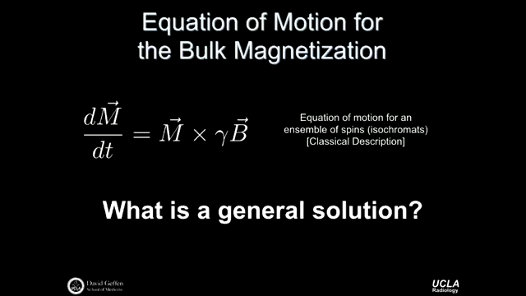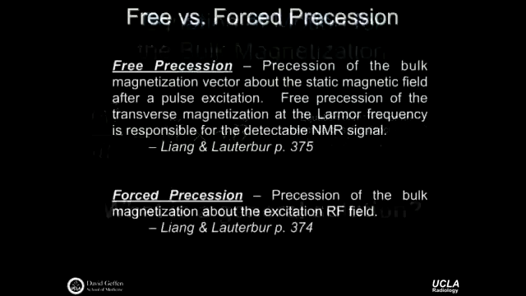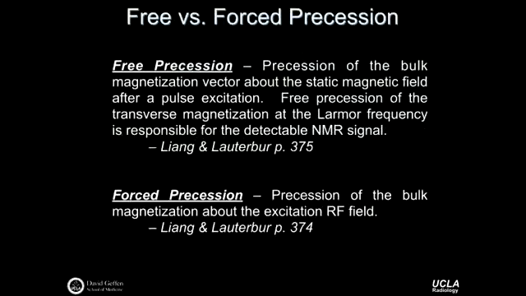So one thing that we'll do now is work towards a general solution for what the bulk magnetization is doing in a B0 field. I want to make a distinction before we get into that, between so-called free precession and forced precession. Free precession is the precession of the bulk magnetization vector about the static magnetic field after pulse excitation.